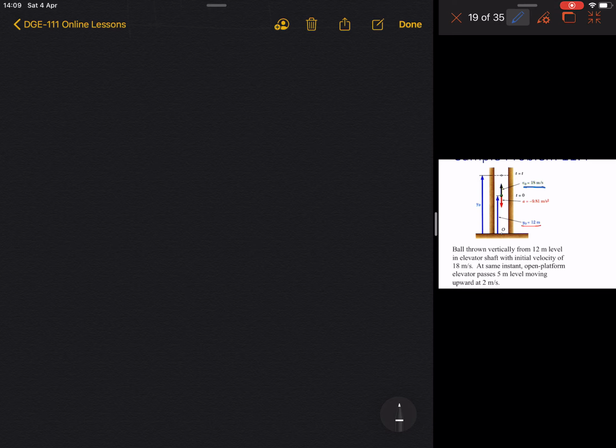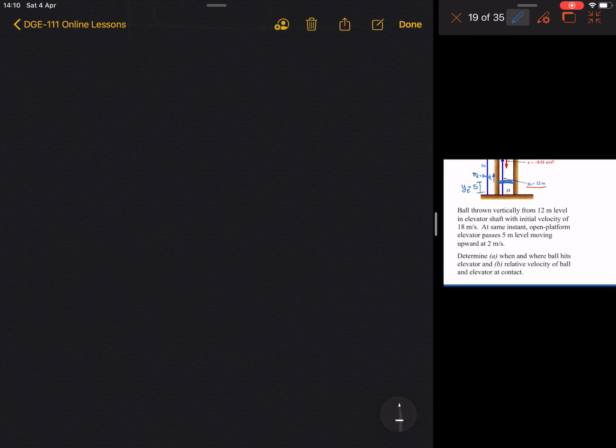This means there is also the elevator here, this elevator floor, so y elevator is equal to 5, and the elevator also moves up with ve equal to 2 meters per second. Right?